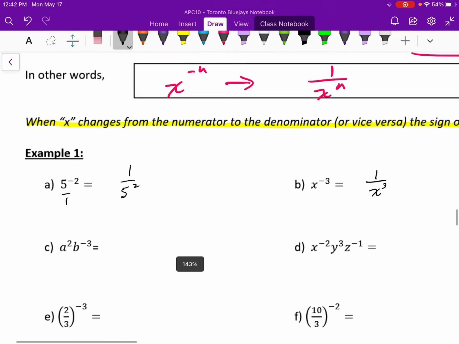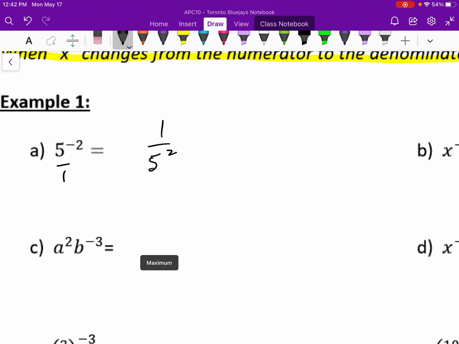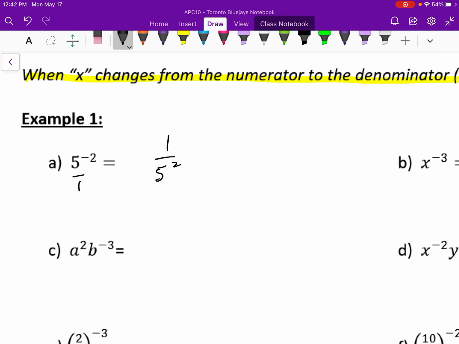Now, for examples here, let's continue our argument. Now, here's an interesting idea. a squared times b to the power of -3. Keep in mind that this means a squared times another quantity, and that other quantity is b to the power of -3.